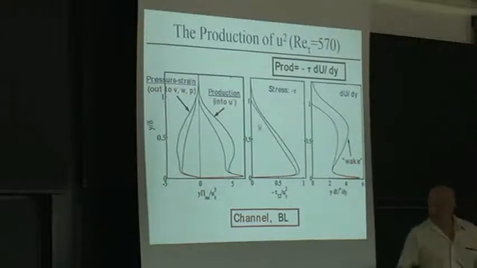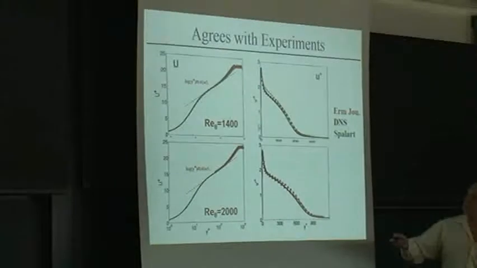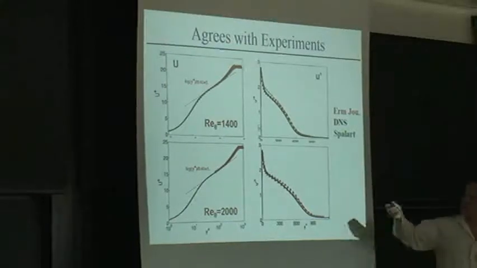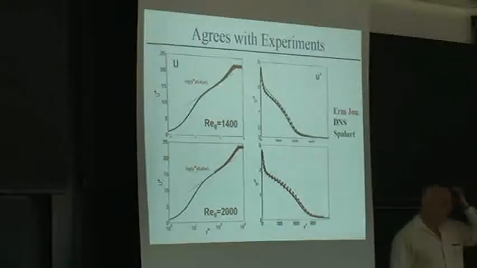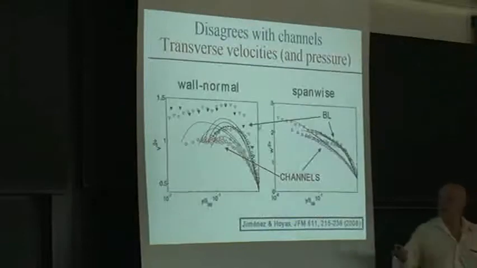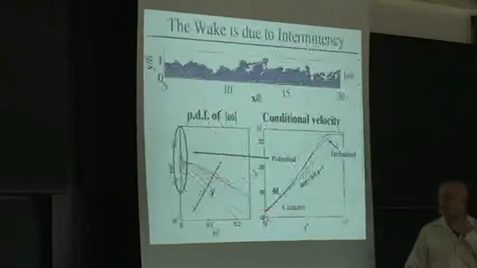If you remember, the mean velocity profile in the boundary layer has a bump at the top, which is not in the channel. The channel is much weaker. This means that there is an extra dU/dy there, an extra shear, and that means there is more energy going into the flow. This is the energy that then goes to feed this extra pressure-strain.